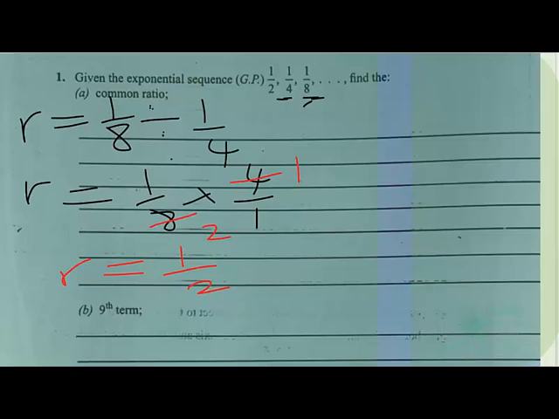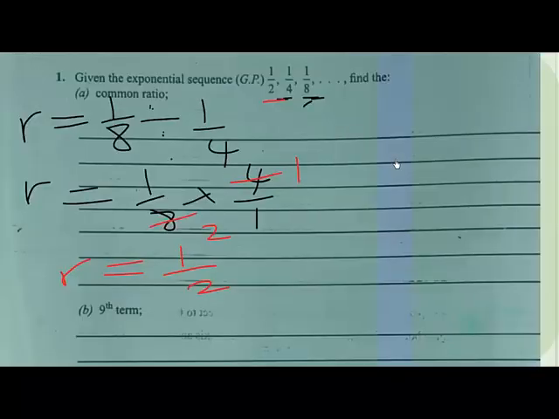If the common ratio is 1 over 2, we can find the ninth term. Recall that the nth term in a geometric sequence is given by u sub n equals a r exponent n minus 1.